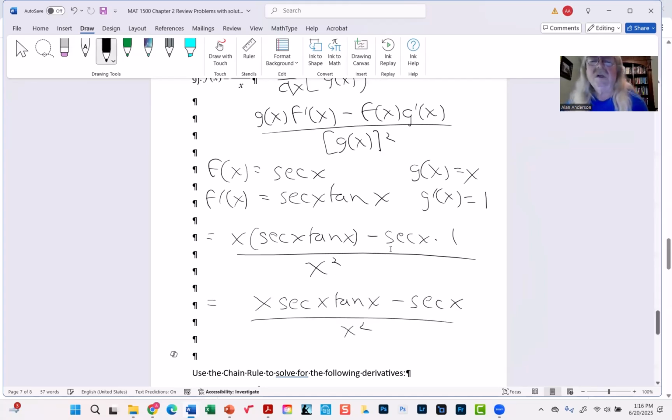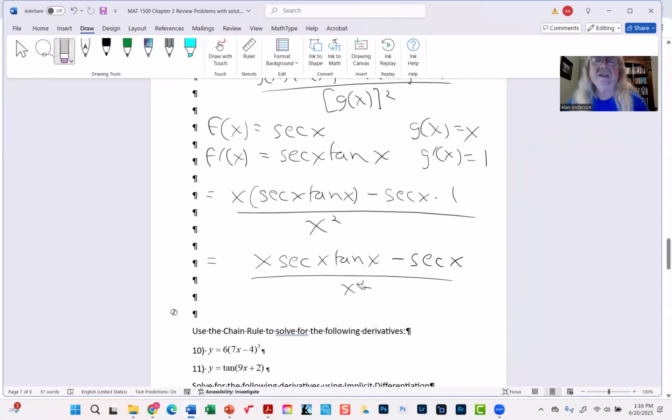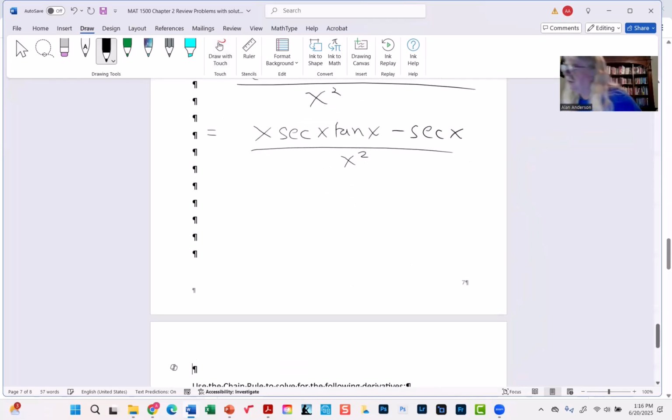And if you want to, you could factor out that secant. If that helps to simplify it, then it's very important. But in this case, I don't think so. We can just write it as secant x times x tangent x minus one.